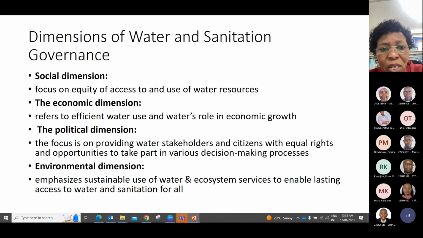So the economic dimension is another part of water and sanitation governance, as I explained earlier. There is also a political dimension. Here, the focus is on providing water stakeholders and citizens with equal rights and opportunities to take part in various decision-making processes.